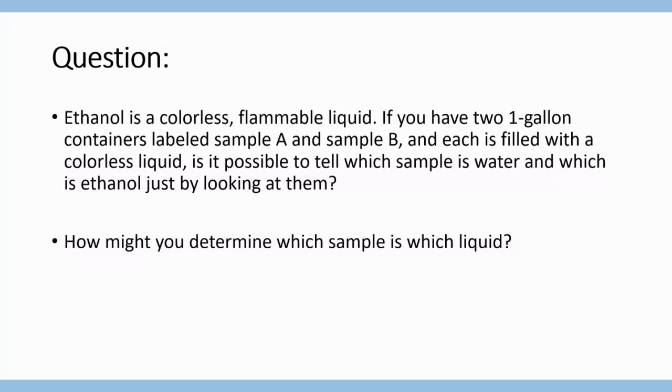But the other one could be testing its flammability. Lighting 1 gallon of ethanol on fire is pretty dangerous. But if you could take a sample of it and see if that is flammable, we'd be able to tell which one's ethanol and which one's water, because we know water would extinguish a fire and is not flammable.